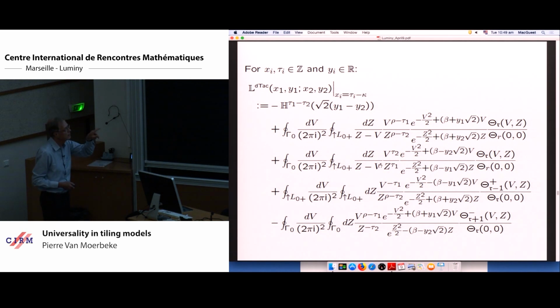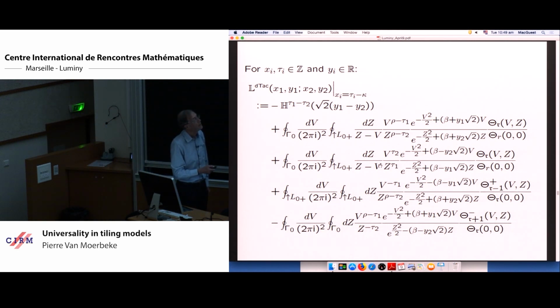And in fact, the last slide I will show you deals with that question. But it's not all of it, because you now have those functions theta r, and those theta r are r-fold integrals. Remember, r was the number of dots on those lines within that strip.